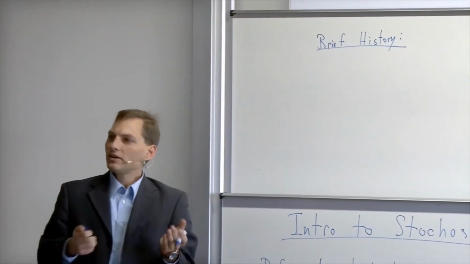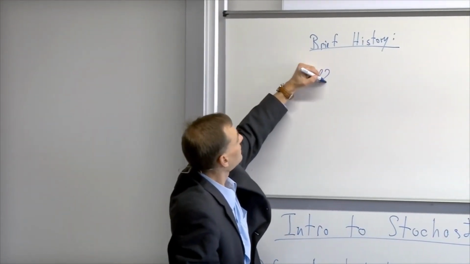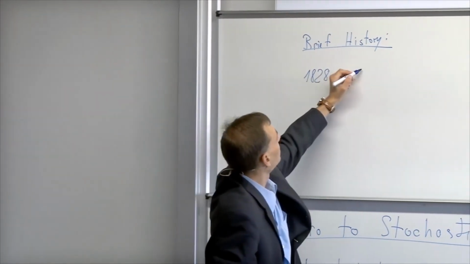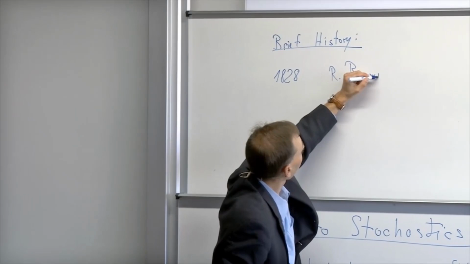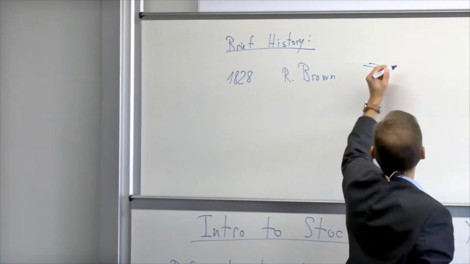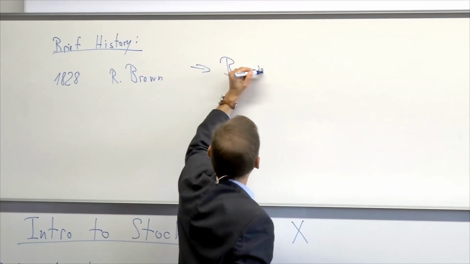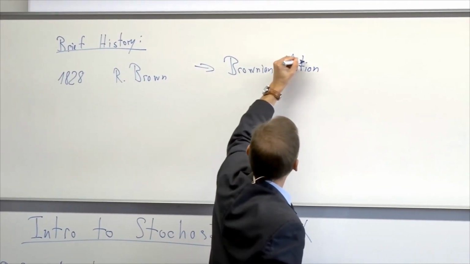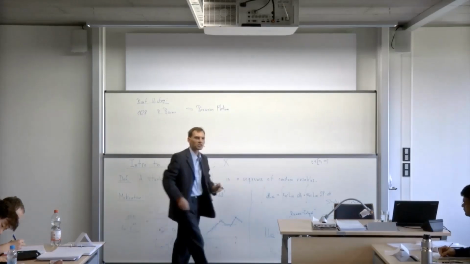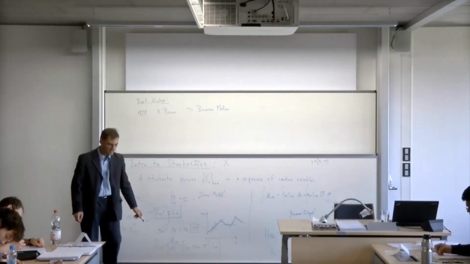So the idea of stochastics started in 1828. And it was by Robert Brown. And by the way, due to that, we call the stochastic processes in books a Brownian motion. Robert Brown was a Scottish botanist.